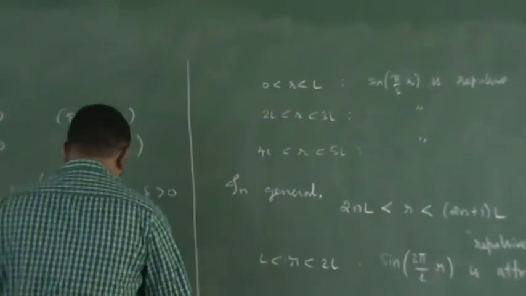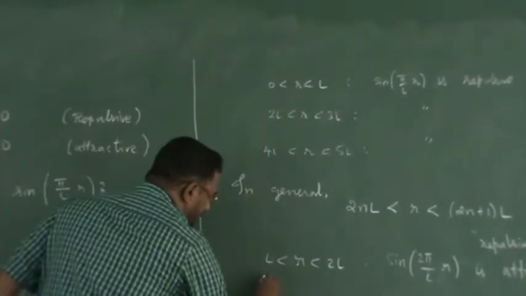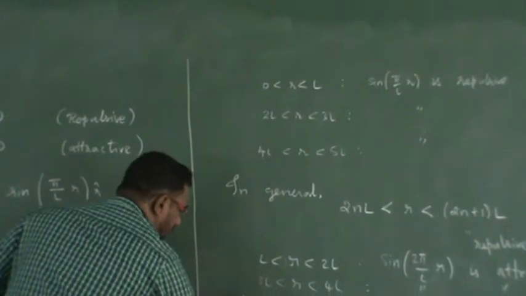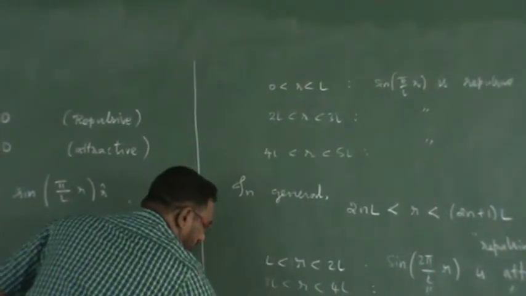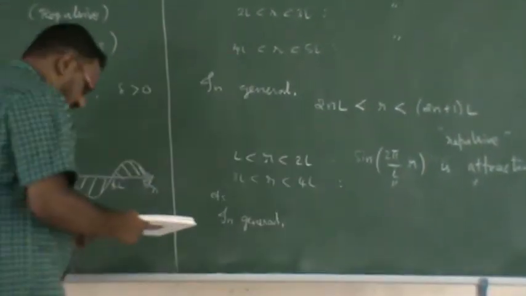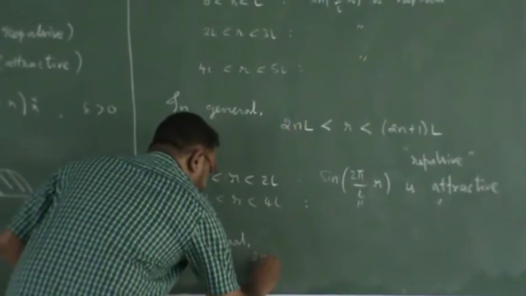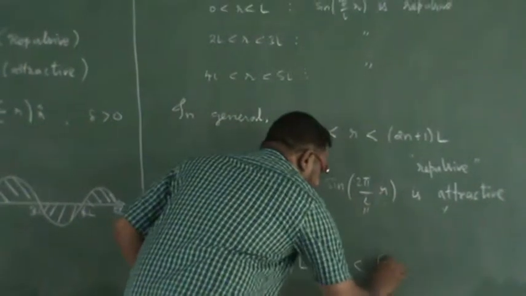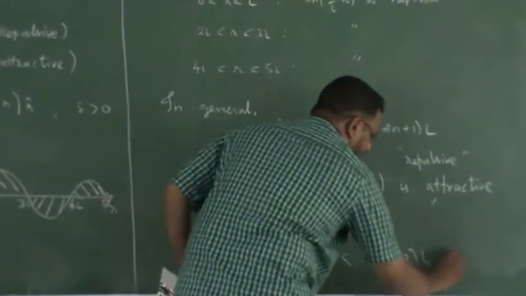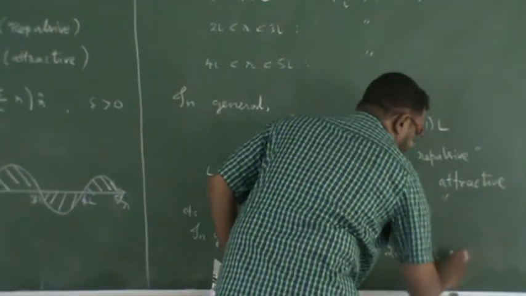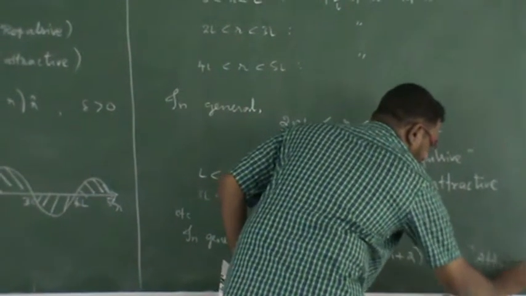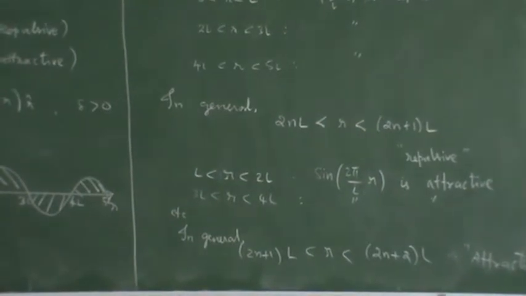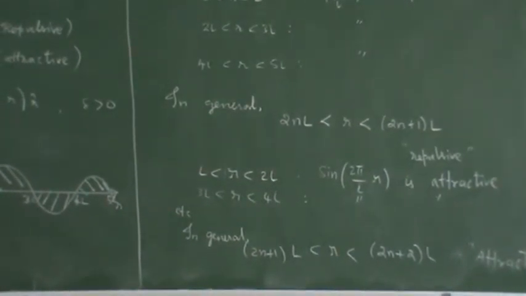Then 3l to 4l, this is attractive, etc. In general, between 2n plus 1 l and 2n plus 2 l, this is attractive. F is attractive. Next problem.